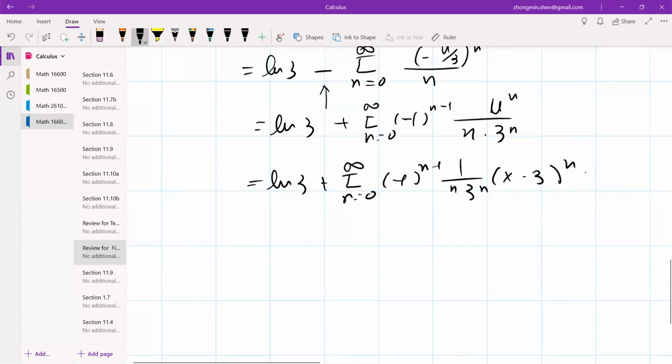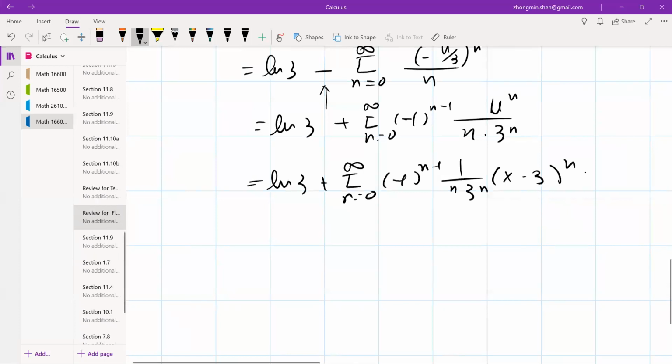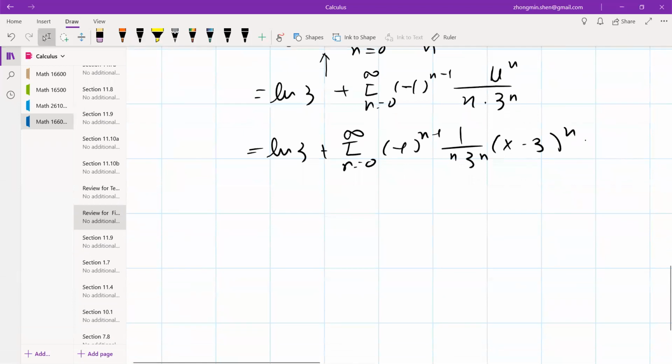So he's trying to use a formula for the Taylor series and can never make it. Nobody got the right expression using the formula for the Taylor series. That's really a problem with series.